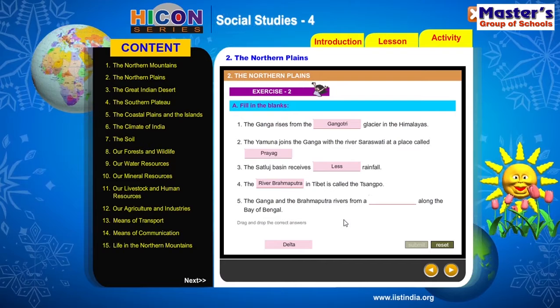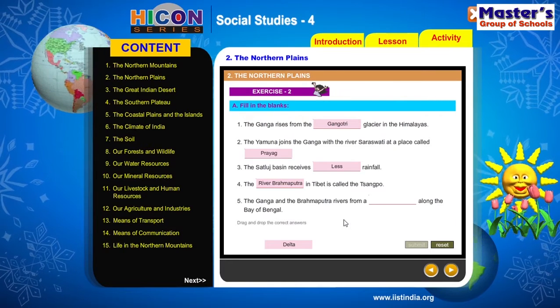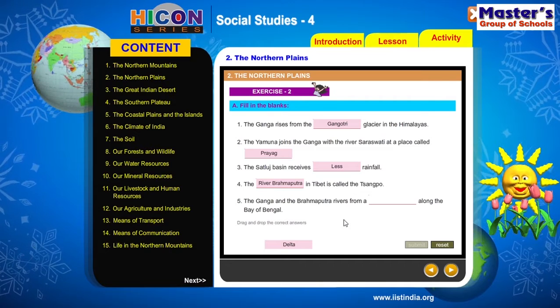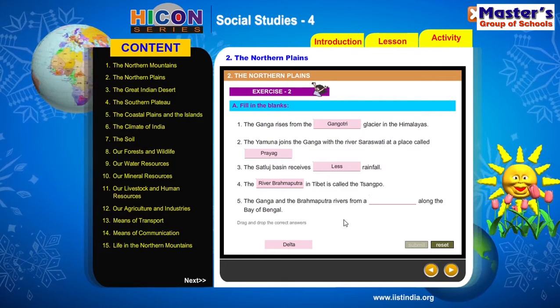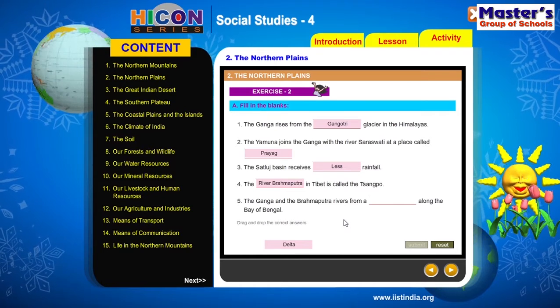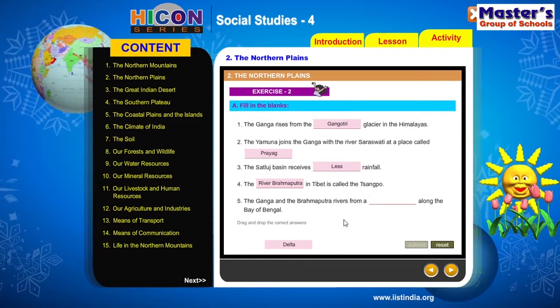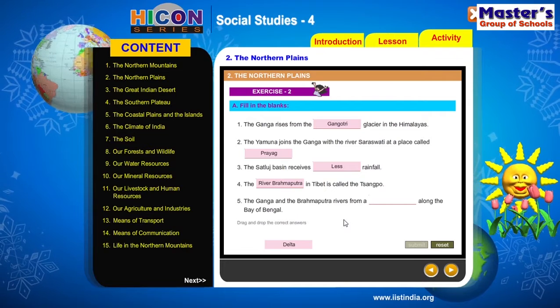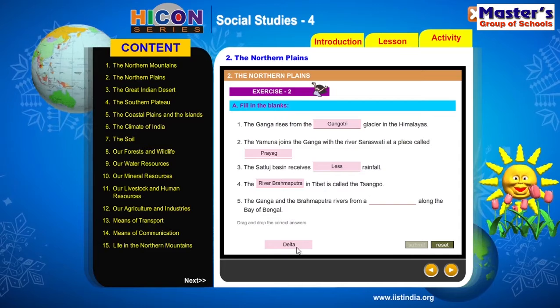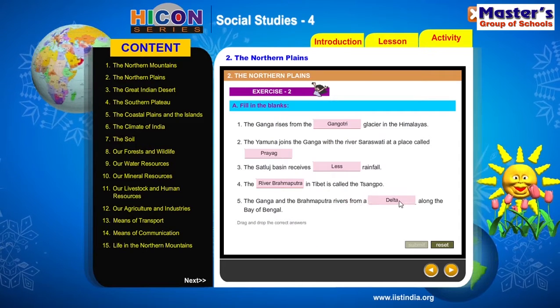The other part flows again eastwards, known as Padma, to which the Brahmaputra comes from the eastern direction and joins. All these together form one of the biggest deltas in the world, known as the Sundarban Delta, isn't it? So the Ganga and the Brahmaputra rivers form a delta along the Bay of Bengal.